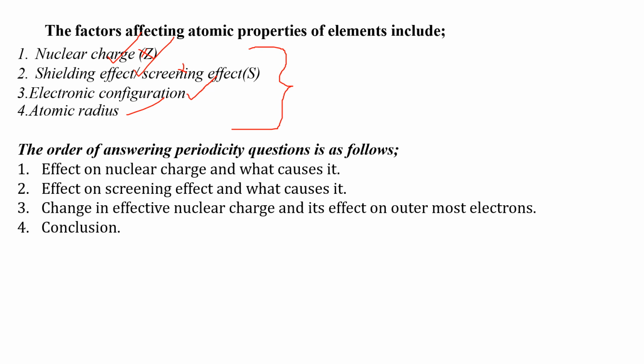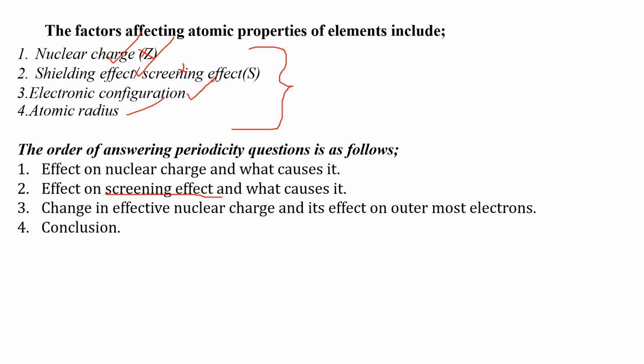If you look at screening effect, the effect of screening effect first of all remains almost constant if you are adding electrons to the same sub-energy level. But screening effect only increases if you are adding completely filled energy level of electrons.